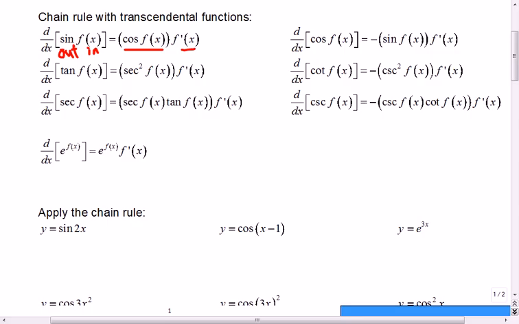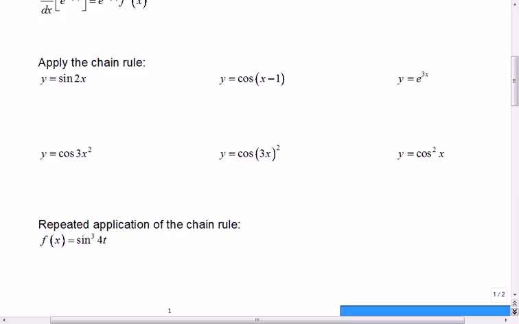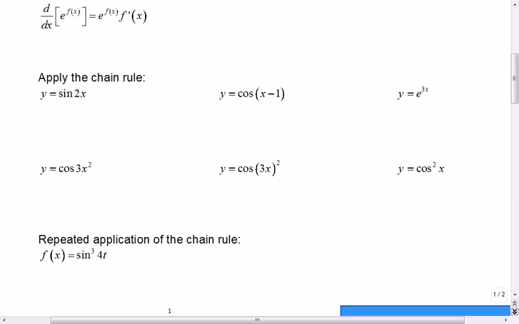Okay, so let's take a look at the first example here, applying the chain rule to the sine of 2x. There's two things happening here. One is the sine, so we're looking for the sine of something. And we're also looking at 2x. Which one would have to be calculated first? 2x.